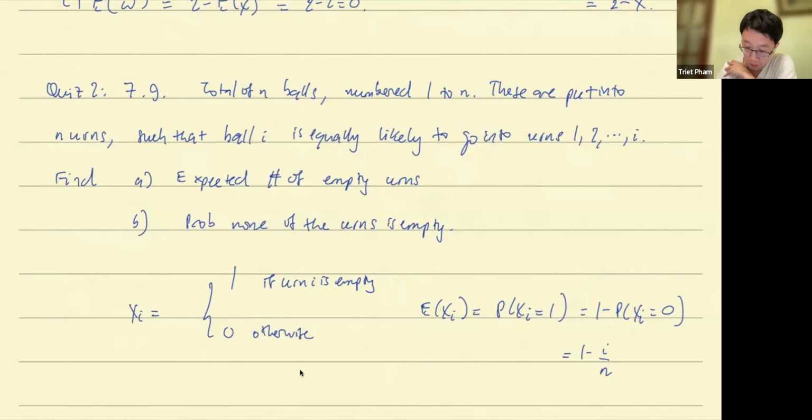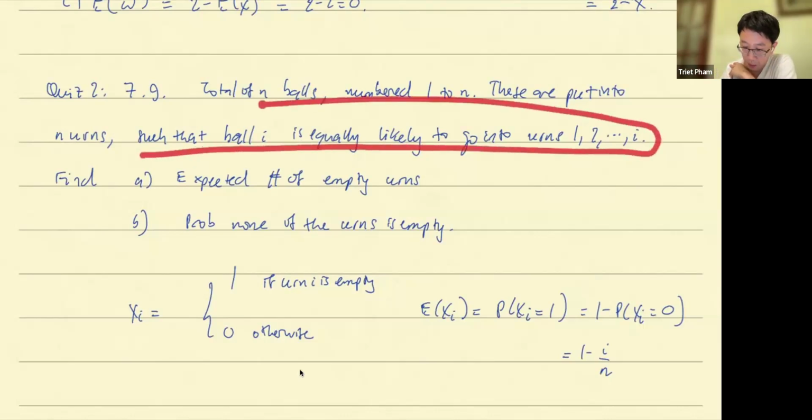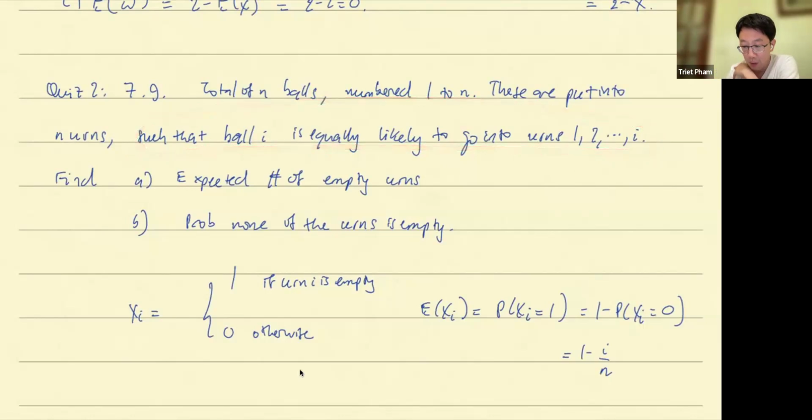So first of all, this problem has a peculiar structure. Ball I is equally likely to go into urns 1 to I. Usually it's equally likely to go into urns 1 to n.